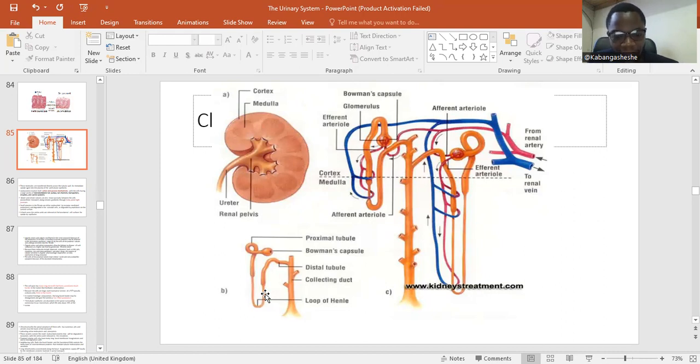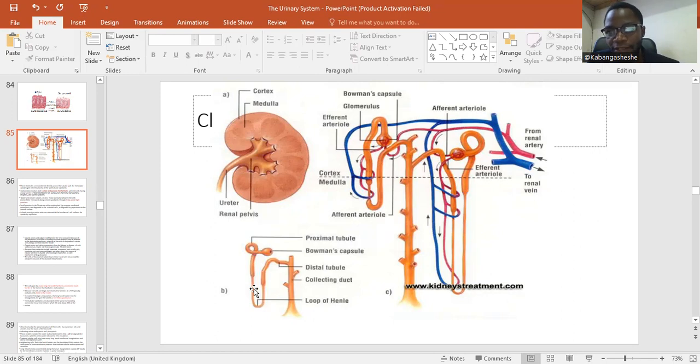Then again, we see another abrupt transition from simple squamous epithelium in the ascending limb to simple cuboidal epithelium of the ascending thick limb. So there are two transition points here. There and here. This part is simple cuboidal. That part is simple cuboidal. Then this whole thin part is simple squamous epithelium.